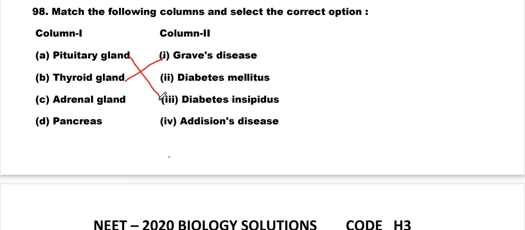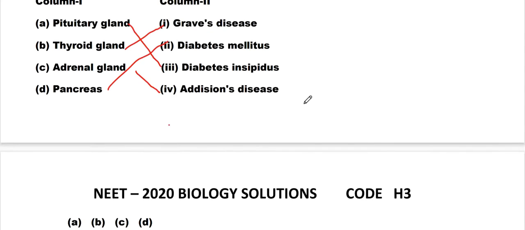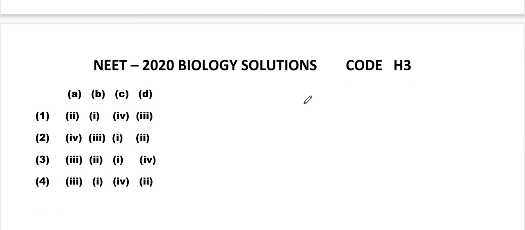Exophthalmic goiter is Graves. Adrenal gland deficiency causes what? Addison's disease. Pancreas is diabetes mellitus. Matchings are very simple to solve. Okay, so for this your answer will be 4.